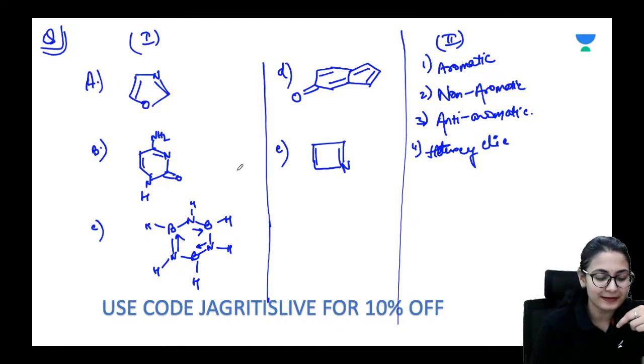So first one, as I said, there could be multiple correct answers. So for the first one, what is it? Oxazole. One is aromatic, two is non-aromatic, three is anti-aromatic, four is heterocyclic. It is very simple and visible. Yes.